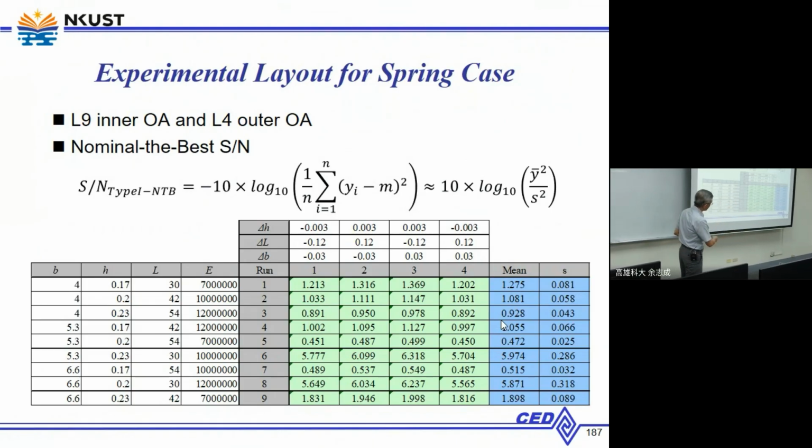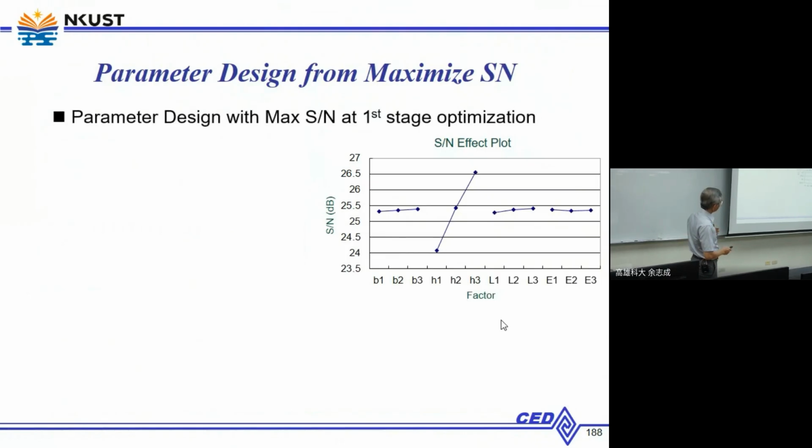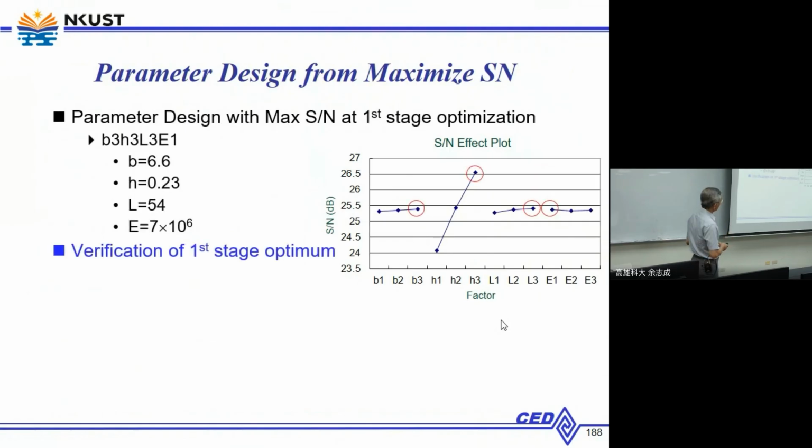This is the result in the slide and also in the videotape. And so we can use the first, for instance, this is how we did that, and I already showed before. And this is the SN effect plot. Okay, and this is the optimum design.